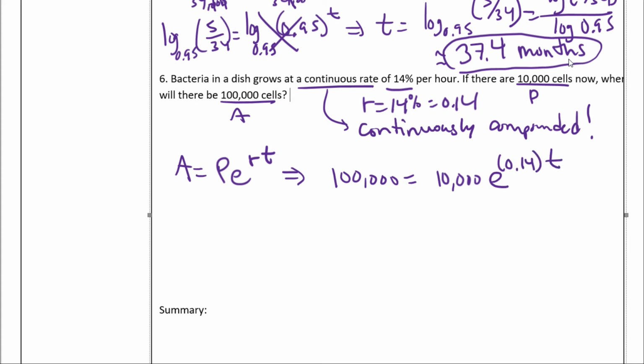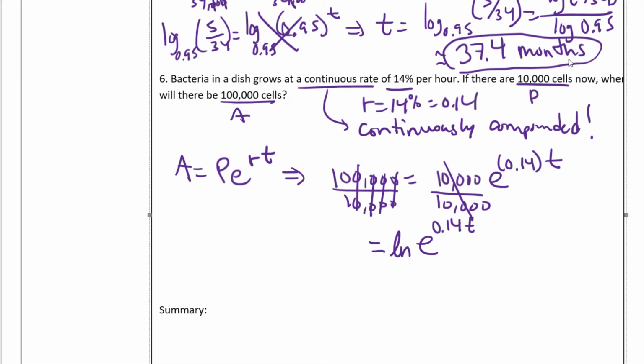Now we're solving for the time. How long will it take for that to happen? We have to get rid of the outsiders first, get rid of that 10,000. So those cancel, and 10 over 1 is 10. So you have 10 equals e to the 0.14 t. The only way to get rid of e is to do the ln on both sides.